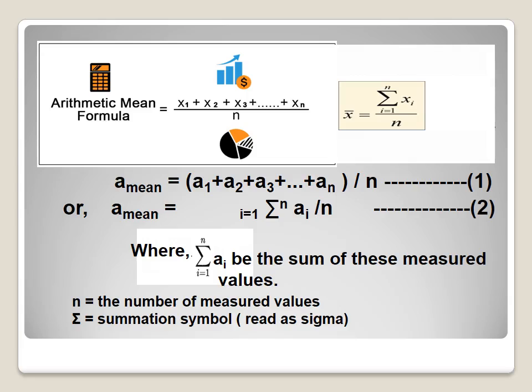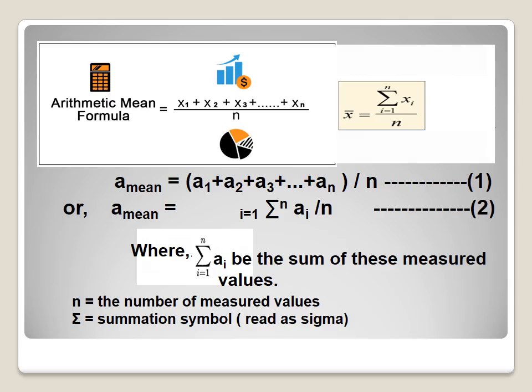So, A mean is equal to sigma i equals 1 to n of Ai divided by n, which is equation number 2, where sigma i equals 1 to n of Ai is the sum of these measured values, small letter n is the number of measured values of the physical quantity A, and sigma is the summation symbol.